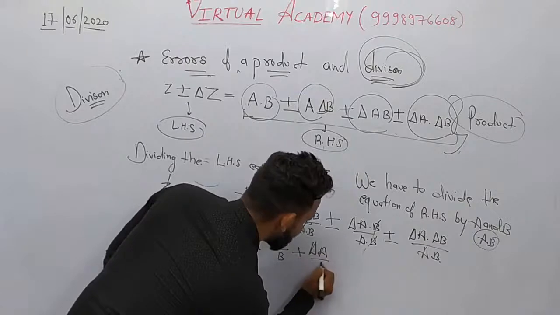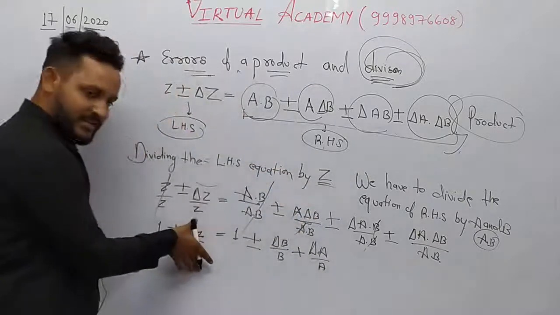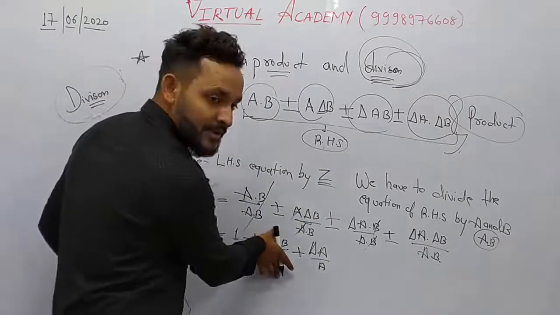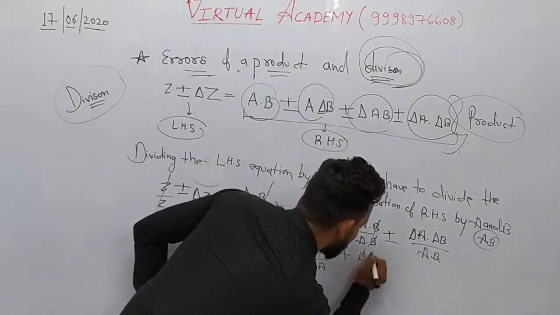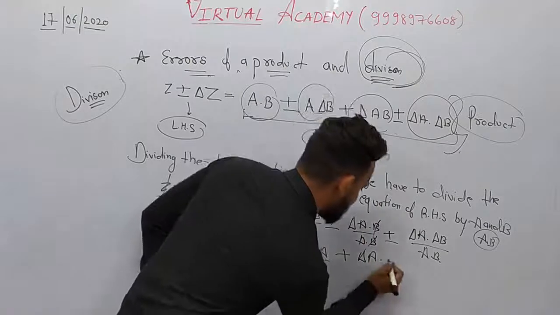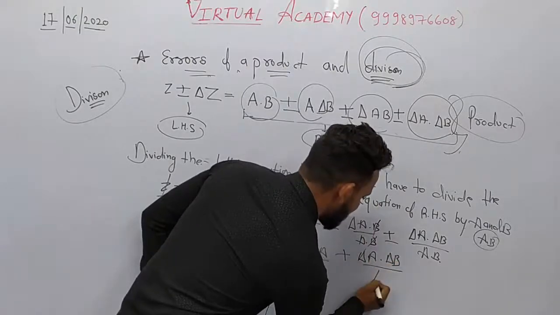Do you see? In every term the division is coming: Z under delta Z, B under delta B, A under delta A. Now here the last term is delta A into delta B divided by AB.